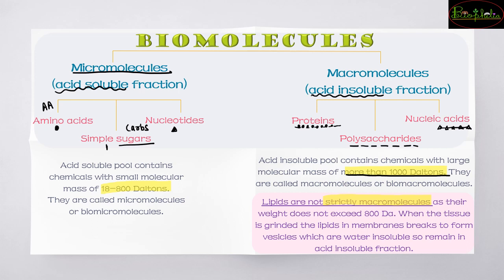Acid को dilute किया है in water. So oil and water cannot get mixed. Similarly, the lipid remains water insoluble, and that is the reason it is in the acid insoluble fraction, but it is not fulfilling the weight category to exceed 1000 daltons.